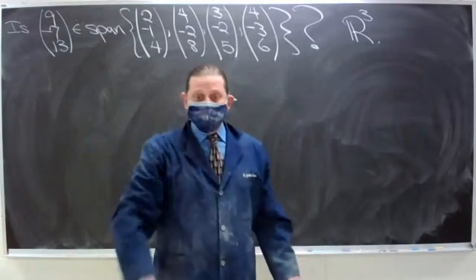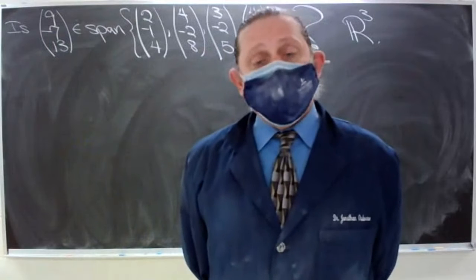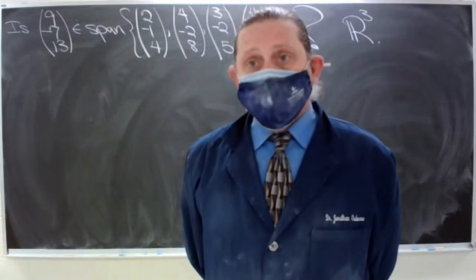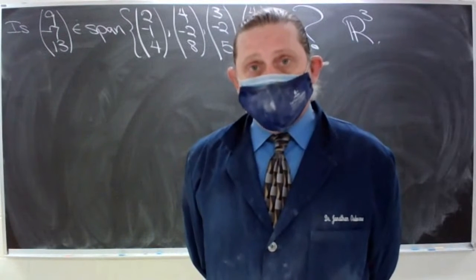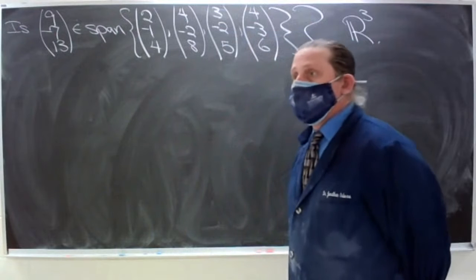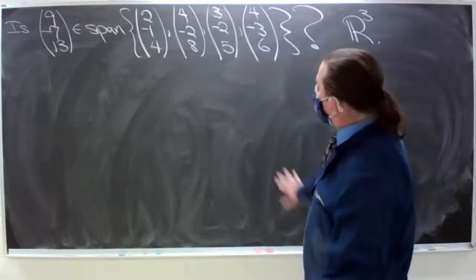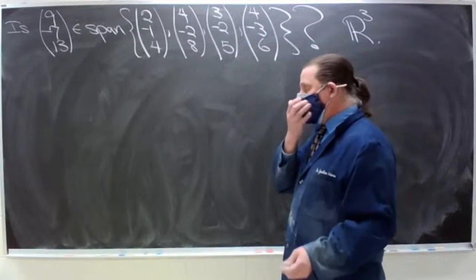Clearly, 9, -7, 13 is an ordered triplet of real numbers. So it is in R3. But that doesn't mean that it's in this vector space.